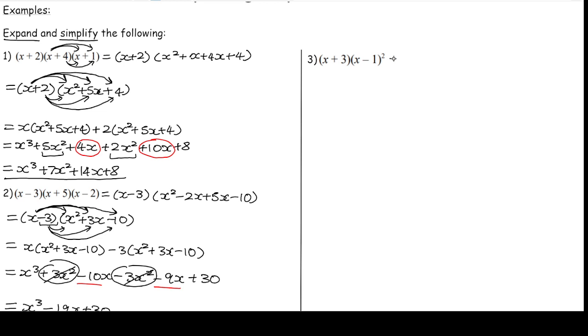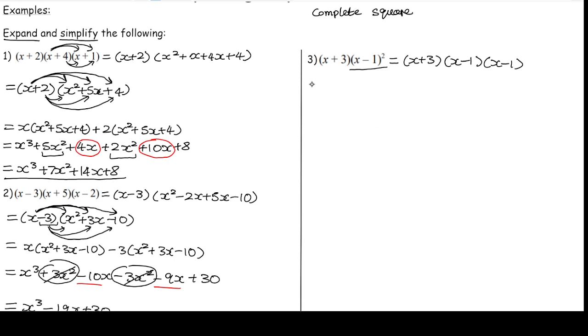We can write it as x plus 3, lots of x minus 1 times x minus 1. Because this bracket is what we call a complete square, or a completed square. So that means it's just telling us that it's x minus 1 times itself.